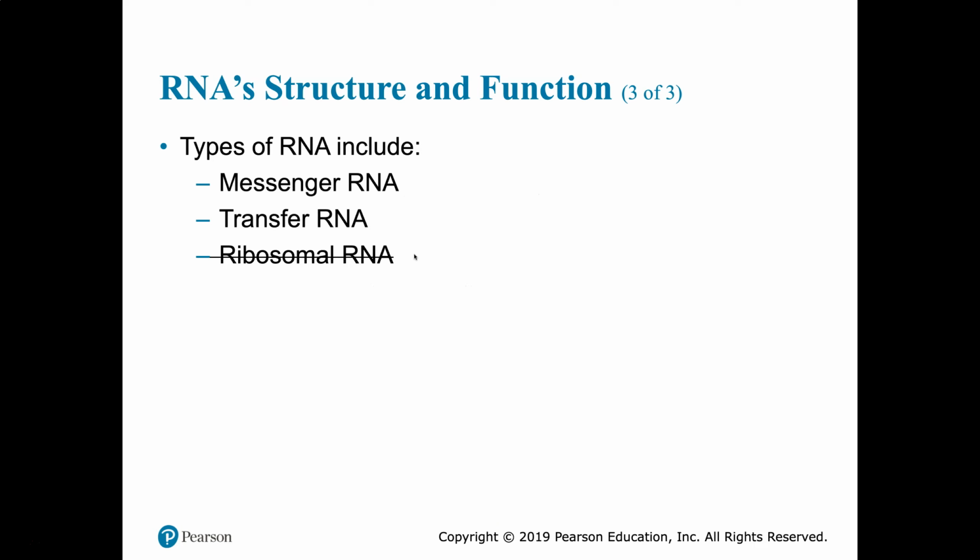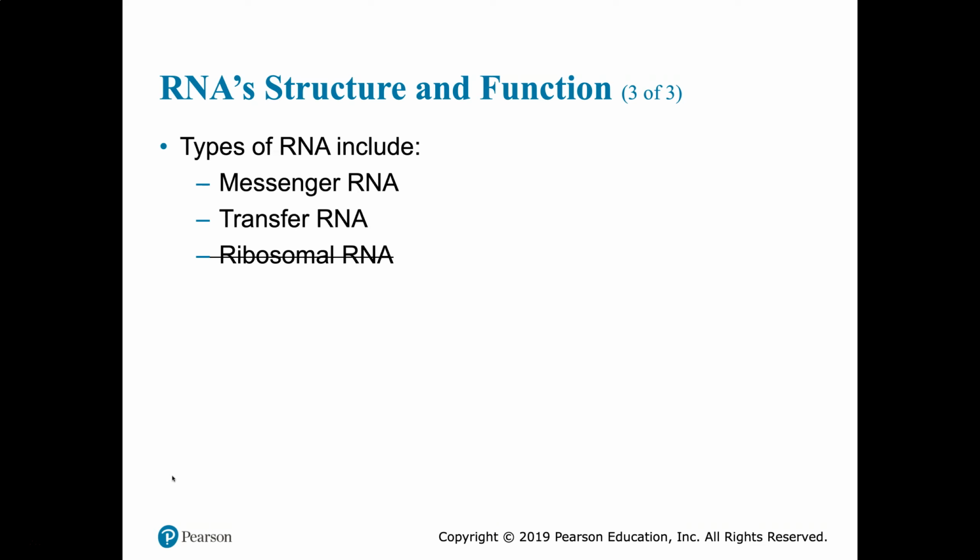There are three major types of RNA that a cell has that we will talk about. We only talk about two of them. The third one is not totally necessary for us to focus on in this class. So messenger RNA is this molecule that's created during transcription.